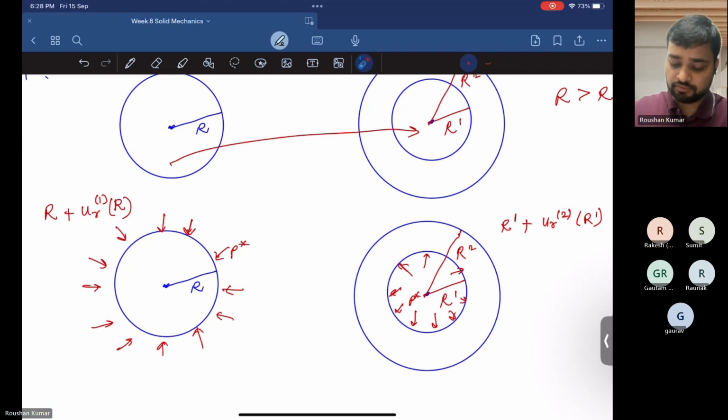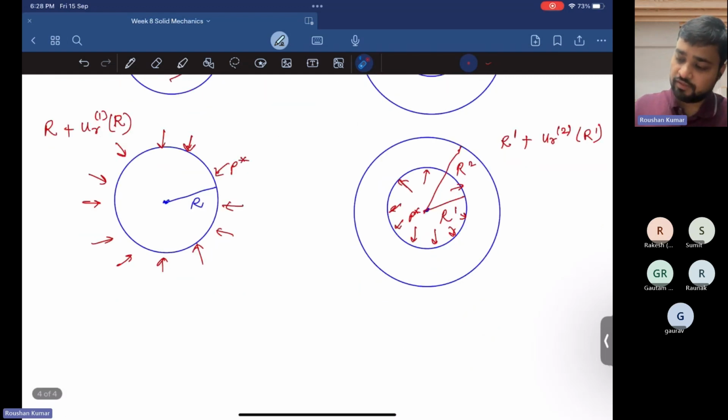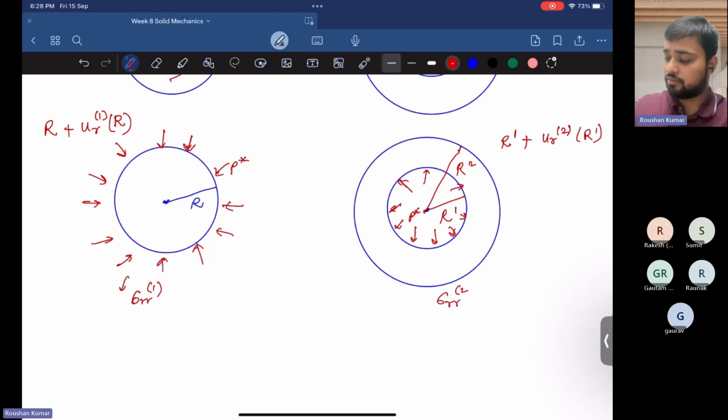The radial stress generated on this disk is denoted by sigma RR of 1, and the radial stress generated on this disk is denoted by sigma RR 2.